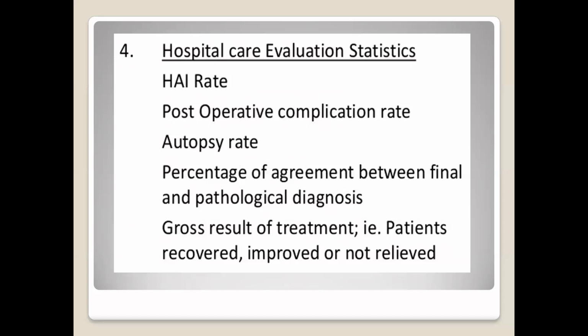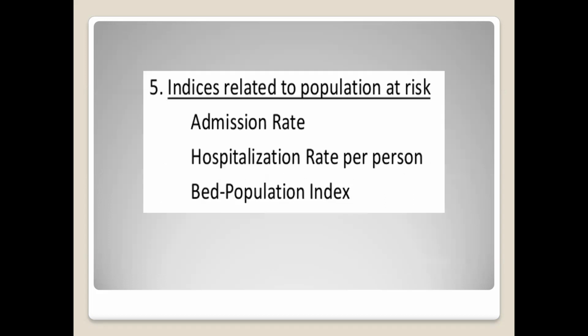Then hospital care evaluation statistics: HEI rate, post-operative complication rate, autopsy rate, percentage of agreement between final and pathological diagnosis, gross result of treatment, and patients recovered, improved, or not relieved. All this we discuss under hospital care evaluation statistics.